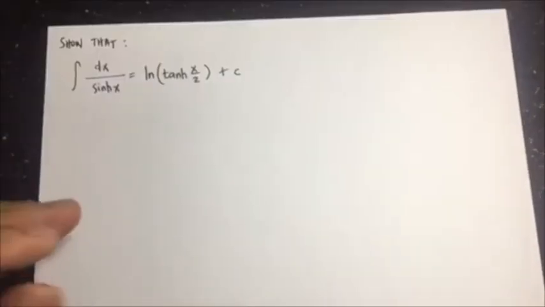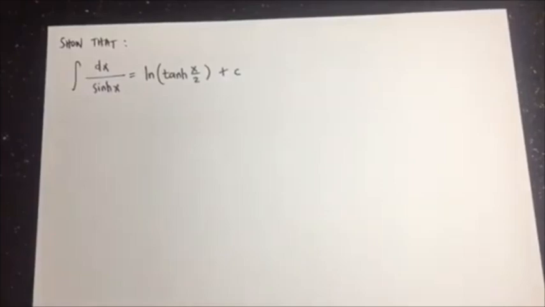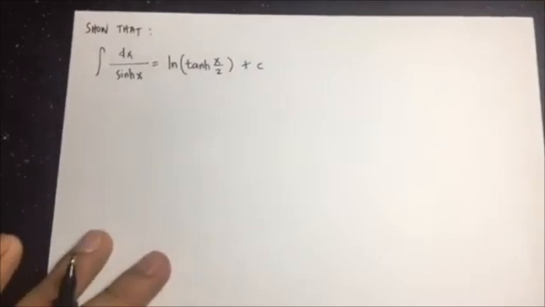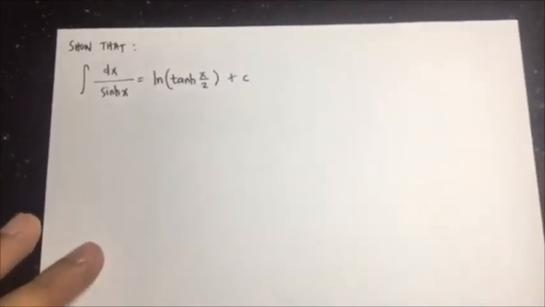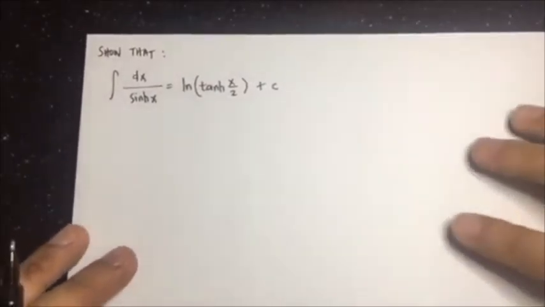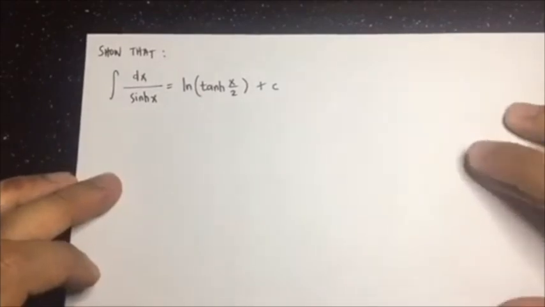For our last problem, we have this one. Show that the integral of dx over hyperbolic sine x is equal to ln of hyperbolic tangent of x over 2 plus c. Okay, so in this problem, we are going to be using a lot of identities.